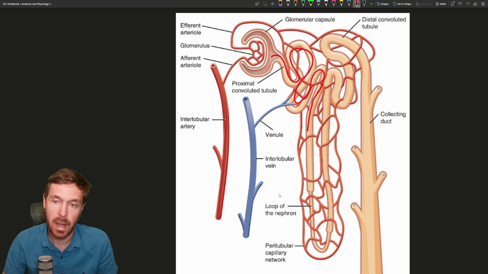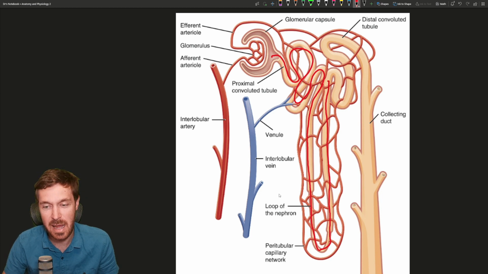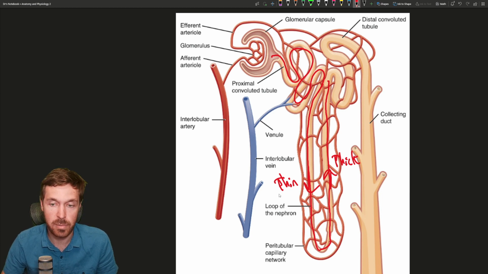And then here we have the loop of Henle or the nephron loop. So this comes down and back up. There's a thin descending limb and a thick ascending limb. So it comes down this way and back up this way. So a thin and a thick limb on this, and that helps regulate things.